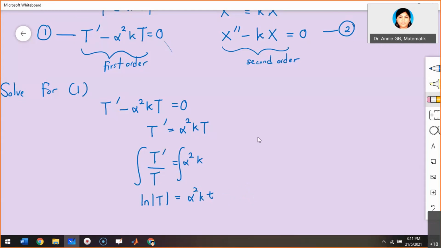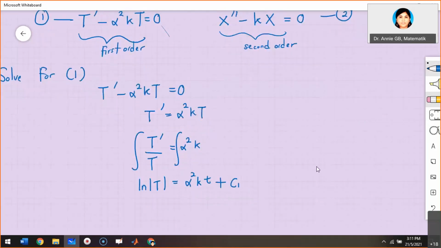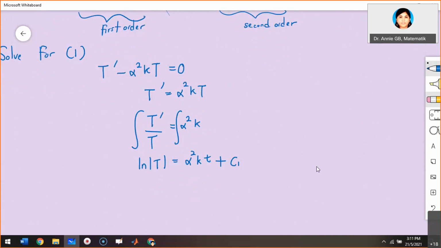Kenapa? Nanti saya explain. Memang akan ada constant. Okay, tak apalah kita letak. Tak nak bagi you all confused banyak. Okay, let's put a constant C1 here. Okay tak so far integration ni? Thumbs up kalau semua rasa okay. Okay, good.